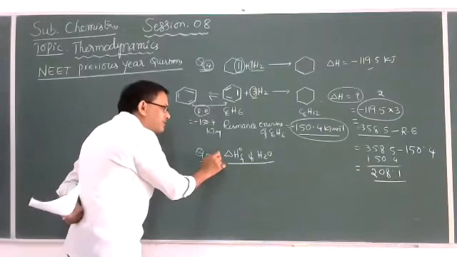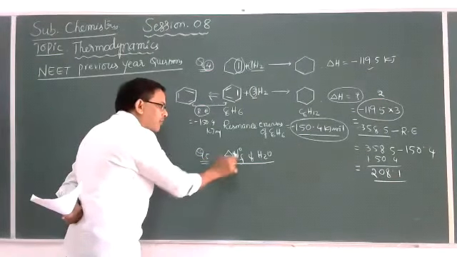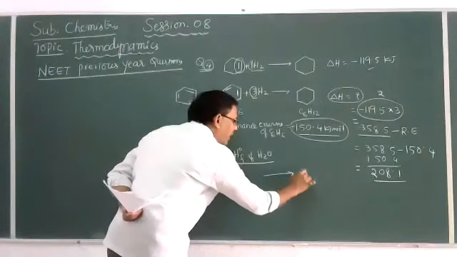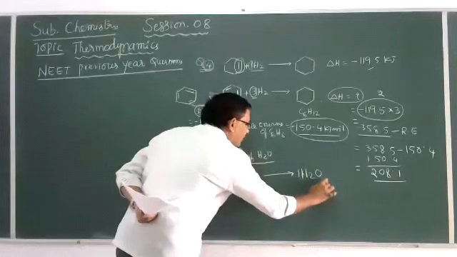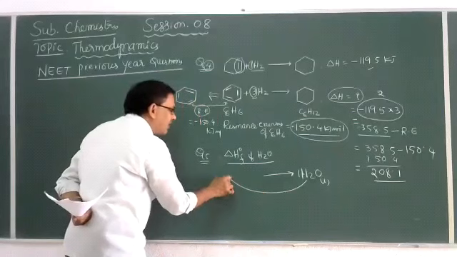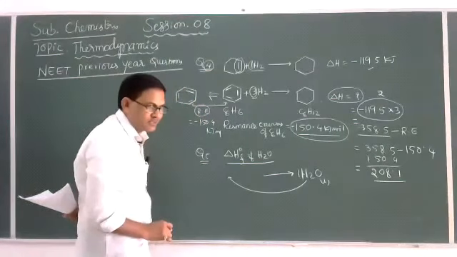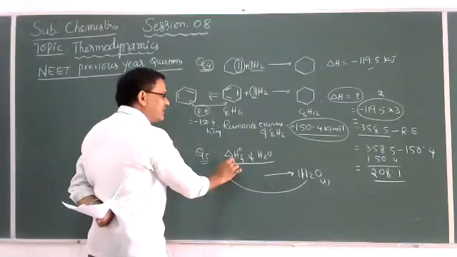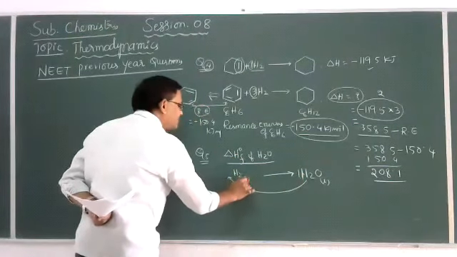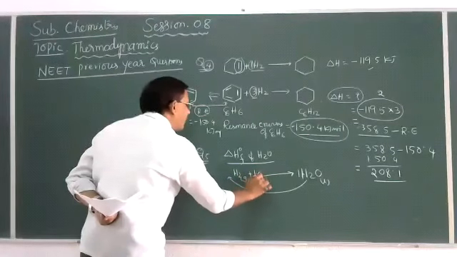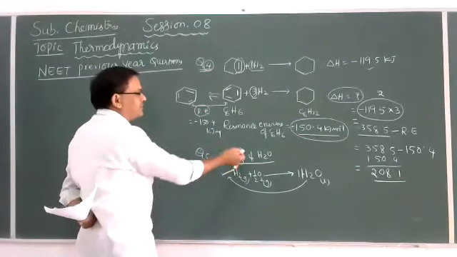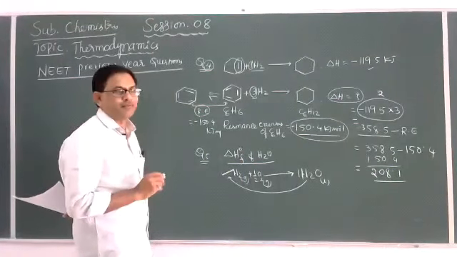But according to the original definition of enthalpy of formation, 1 mole of liquid water is formed from its constituent standard elements. Here, constituent standard elements means water is formed from H2 gas plus 1/2 O2 gas. This is the correct equation for formation of water according to the definition.